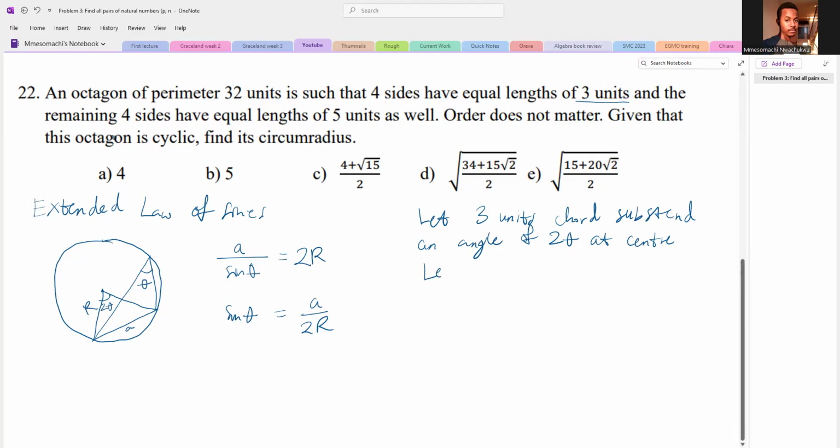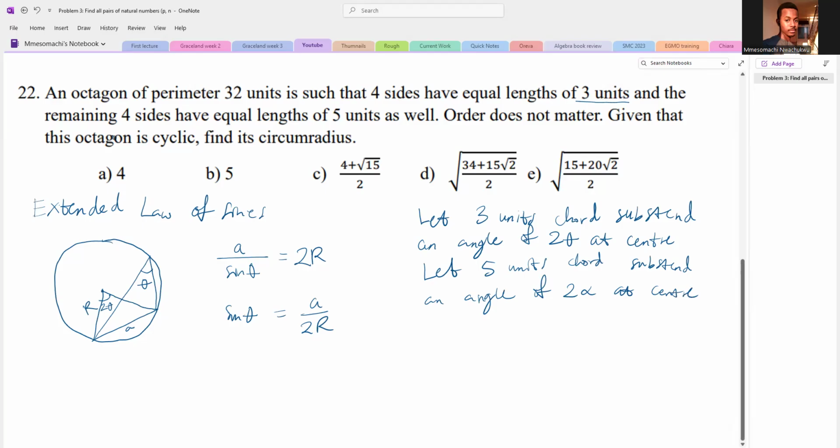And analogously, the 5 units chord subtends an angle, which I'll call alpha, of 2 alpha at the center.